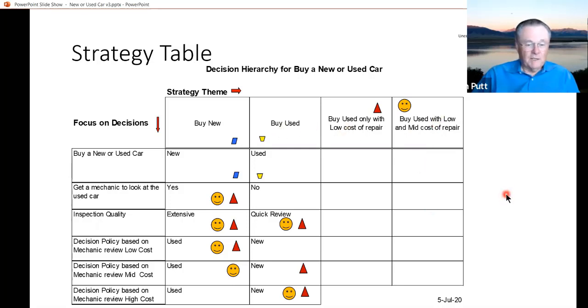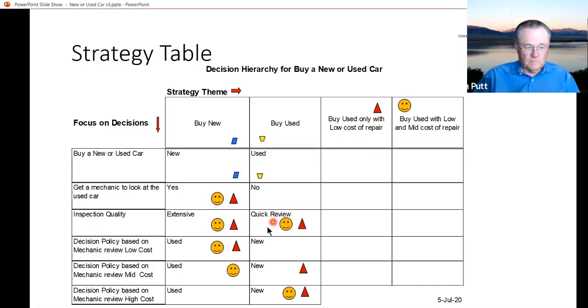Then what I've done is show which decisions and which options go with each of these strategy themes. Let's talk about buying used only with the low cost of repair, and look at that diamond. I am going to get a mechanic review. I can get either an extensive or a quick review; there are two types of reviews.